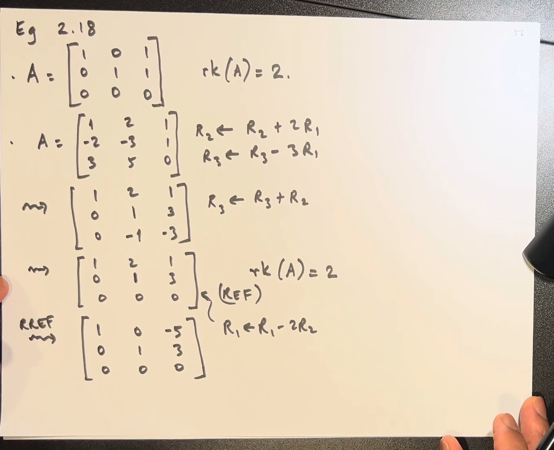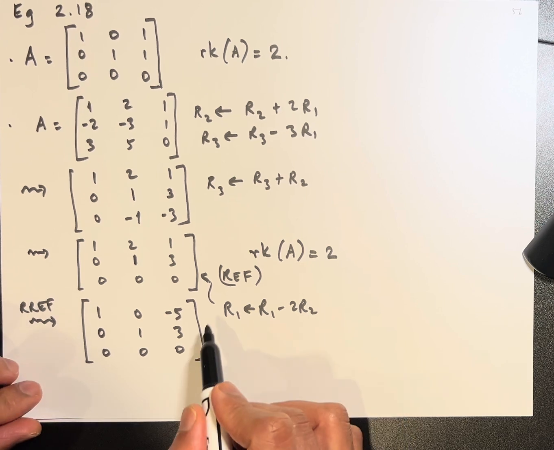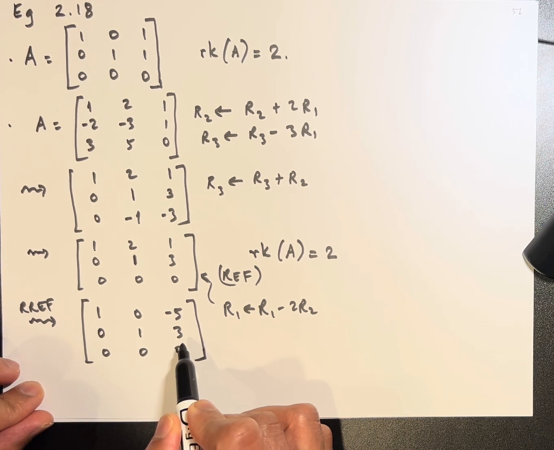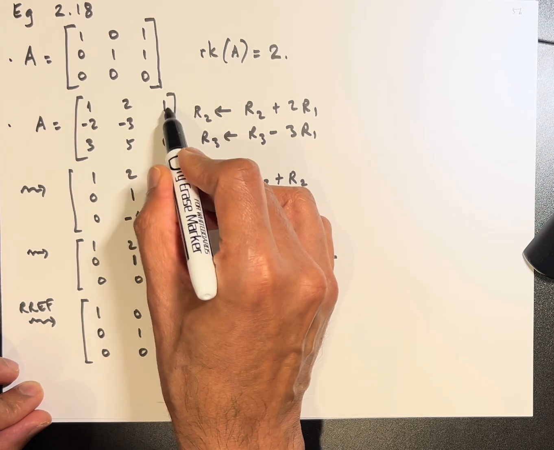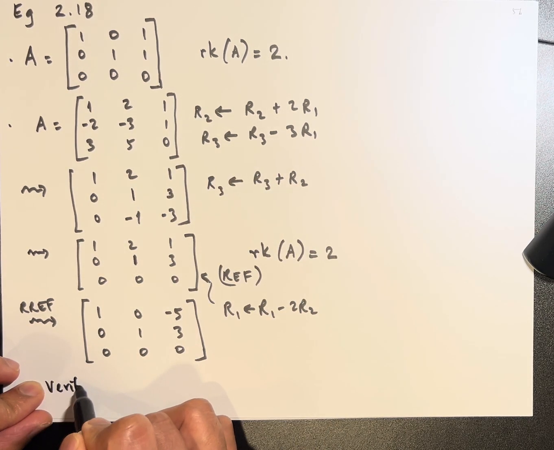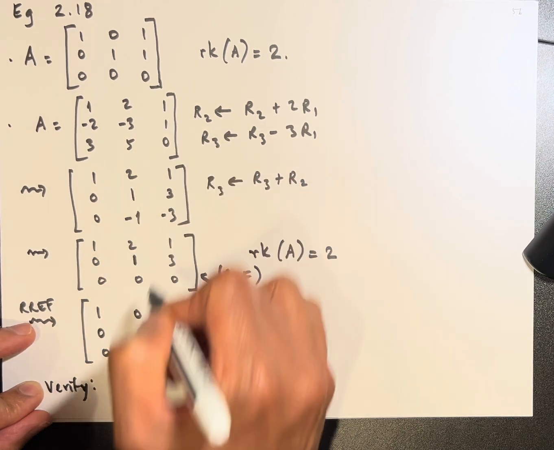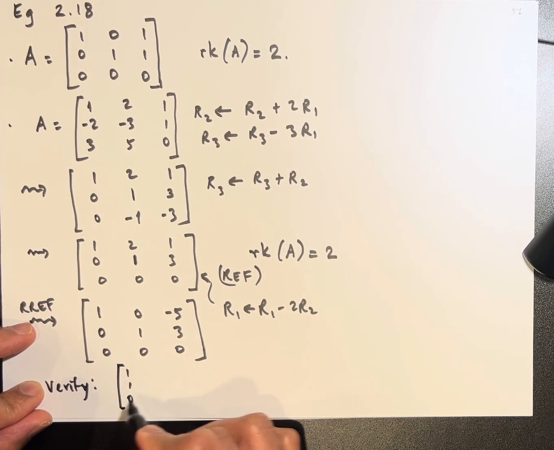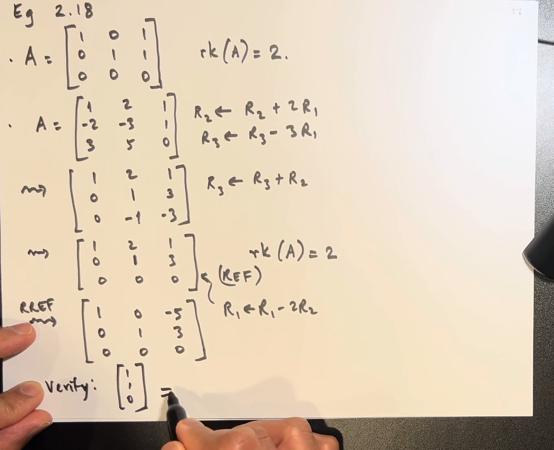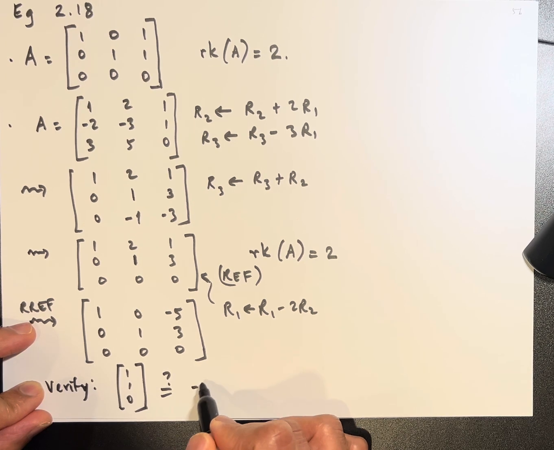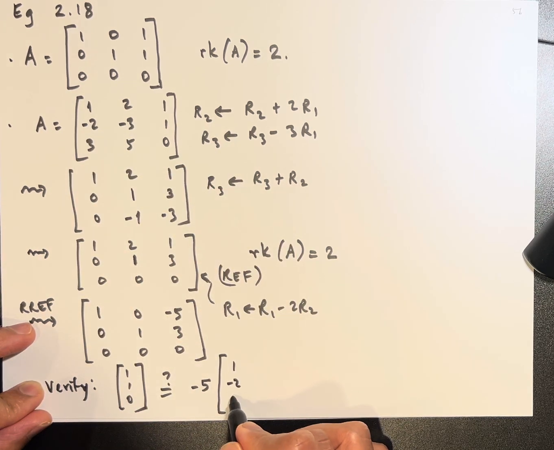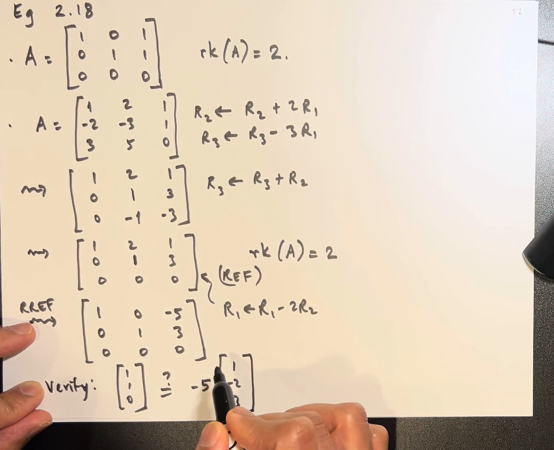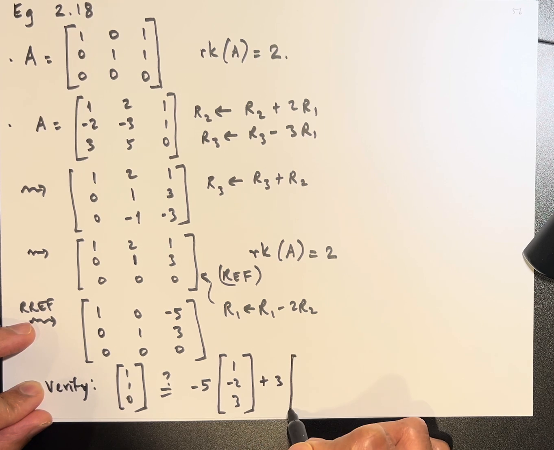Again I'm just going back a little bit to linear dependence and independence here. So this is saying minus 5 and 3, so we can verify, right? So now I'm just verifying. Is 1, 1, 0, that's x3, equal to -5 times the first column, 1, -2, 3, plus 3 times the second column, which is 2, -3, 5.